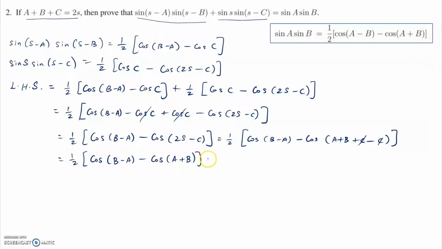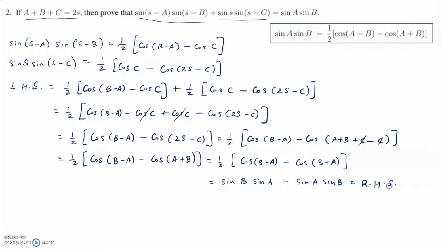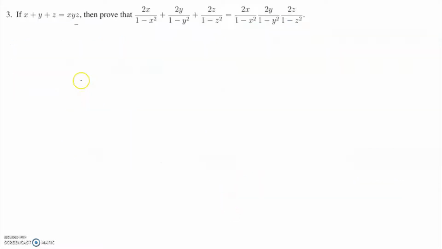And you can rewrite this now as equal to half of cos(b minus a) minus cos(b plus a). Now this is very similar to our formula which is given here. So using this formula we can say this is equal to sin b into sin a, which is equal to sin a into sin b, which is equal to RHS, hence the proof.